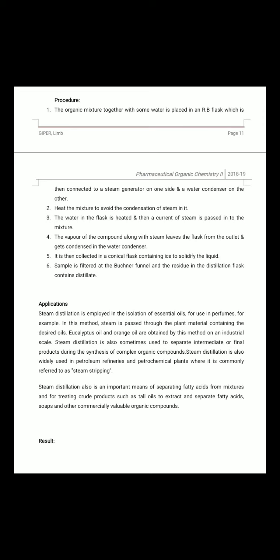At last, you should keep in mind that steam distillation is generally used for compounds immiscible with water. We separate a particular compound below its boiling point. For example, if a compound has a boiling point of 300 degrees Celsius, we can separate it at 150 degrees Celsius.